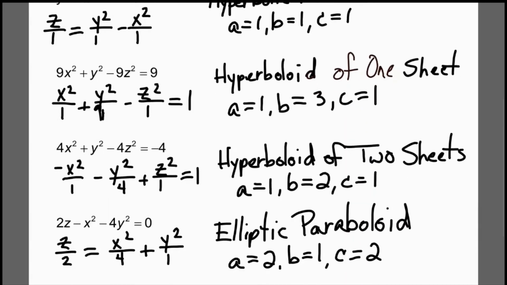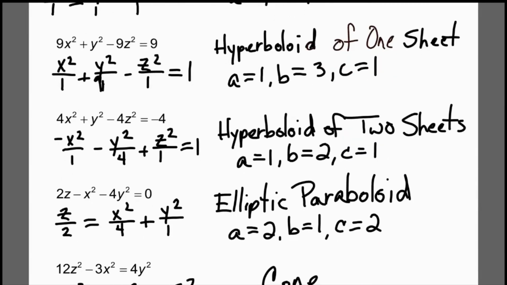All right, and then the next one here, it's the hyperboloid of 2 sheets. You know, kind of the same thing over and over again. You just have to get used to these forms. Then we've got an elliptic paraboloid. And with the elliptic paraboloid, notice what the standard form is. We've got that z over 2 is equal to x squared over 4 plus y squared over 1.